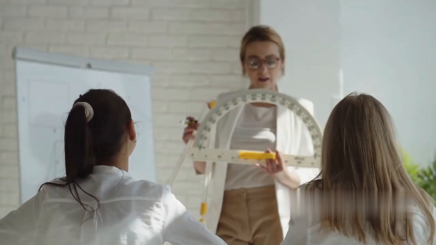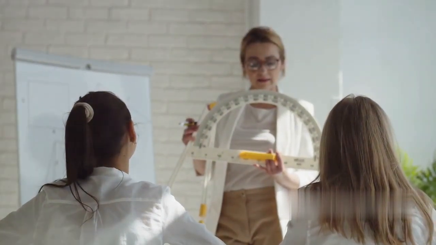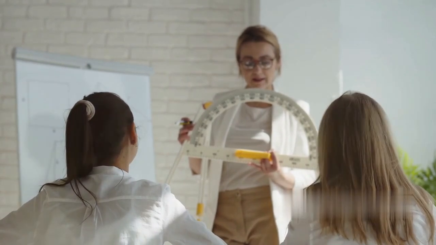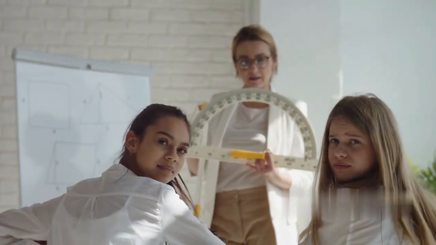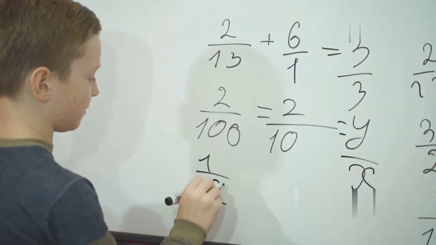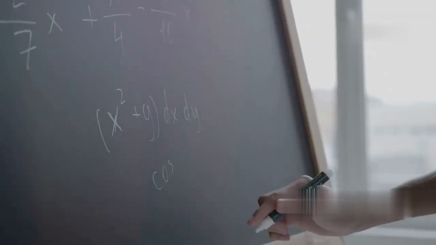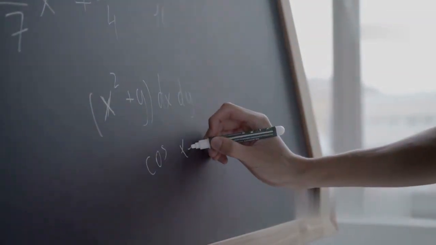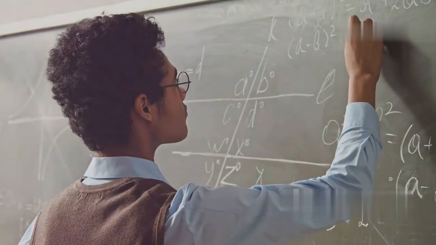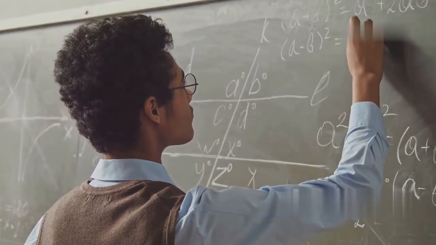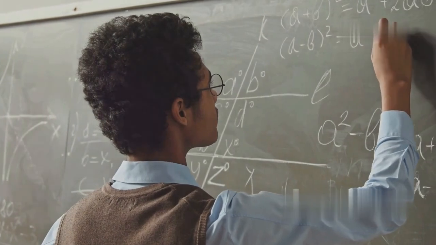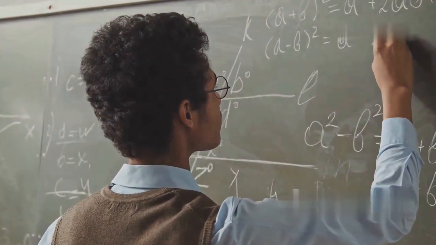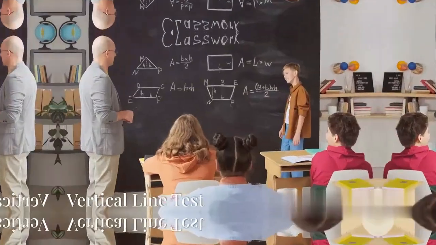In this case, when x equals 0, y can be either 1 or -1, because y equals plus or minus the square root of 1 minus x squared. This violates the second rule of functions, as one input, x, corresponds to two outputs, y, meaning this equation does not represent a function. To summarize, the first equation, y equals x squared plus 4, is a function, while the second equation, x squared plus y squared equals 1, is not.